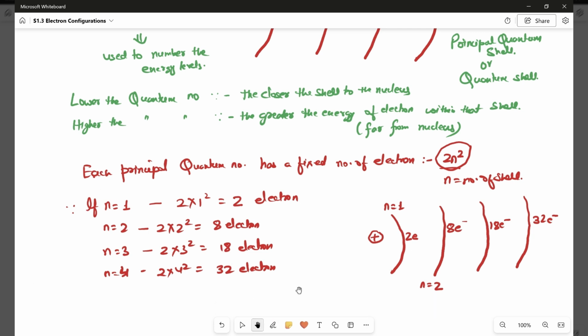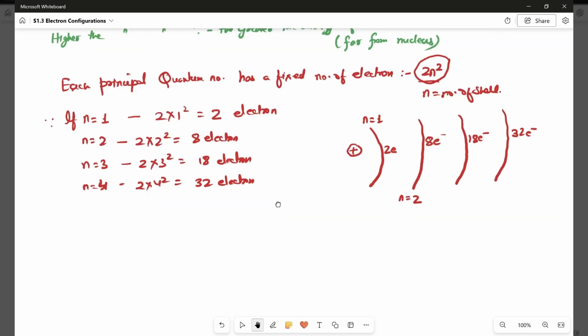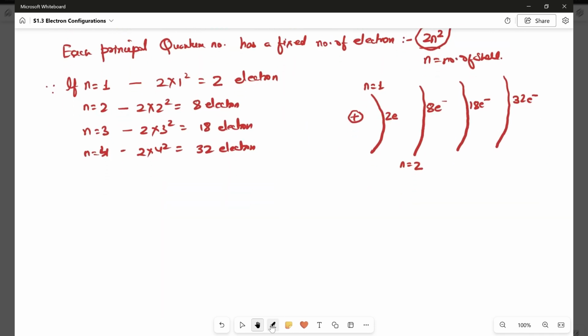Still, we have not got the exact location of the electrons. We have got how many electrons a shell will accommodate, but we have a further concept left. We have got the area where we can find the electrons, but not the exact house yet.